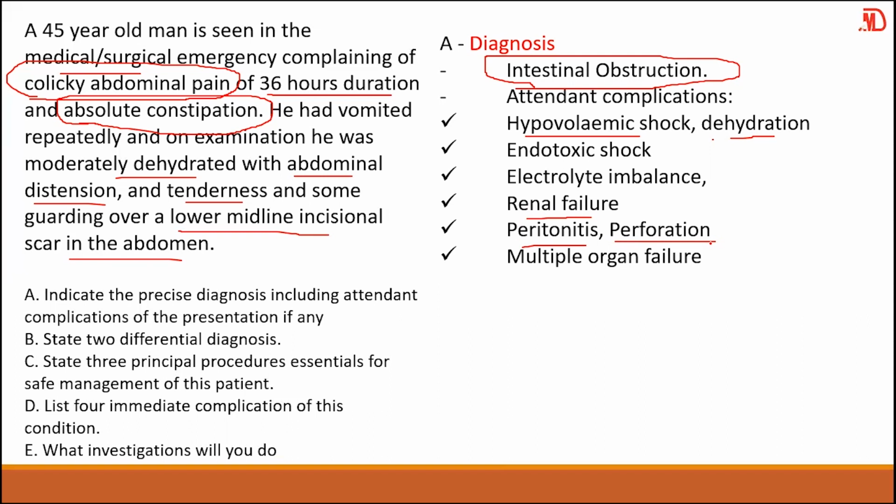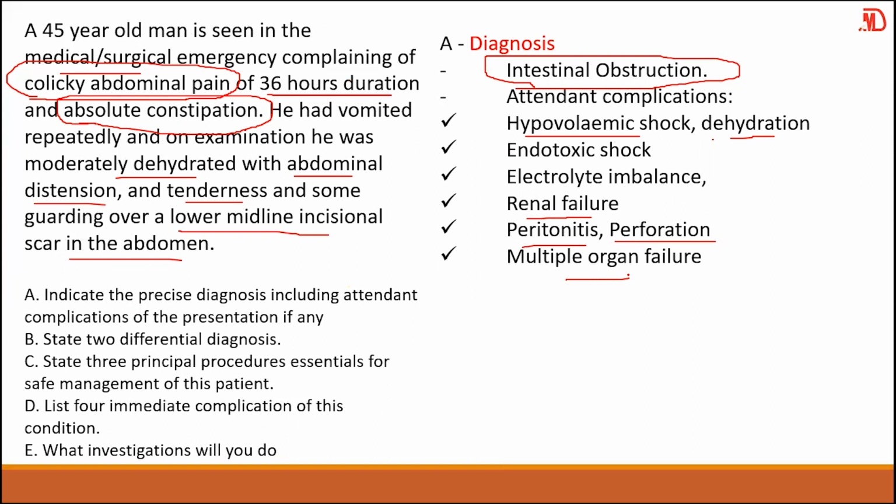And when people have peritonitis and perforation, there's general abdominal tenderness. Tenderness will be present, so please take note of these things. And of course, there can be multiple organ failures. So any of these things can help you with your diagnosis or the antecedent complications.